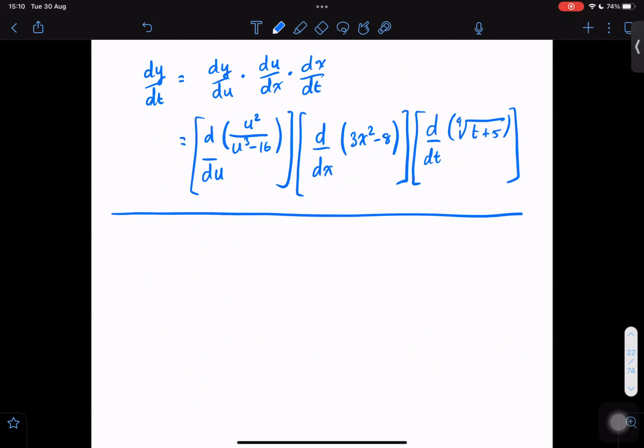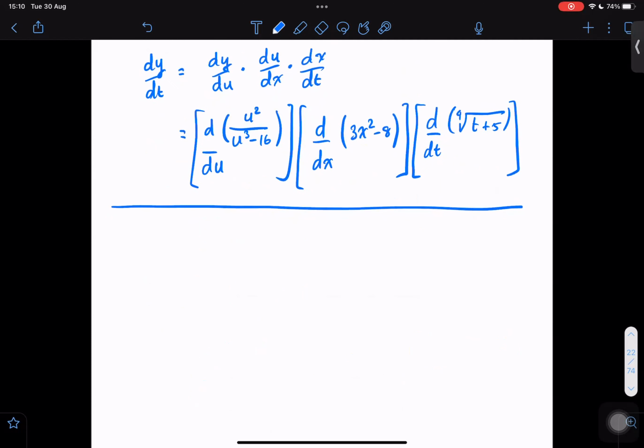Because the first one, there's very much work, u squared over u cubed minus 16, right? And you can do this in two ways.